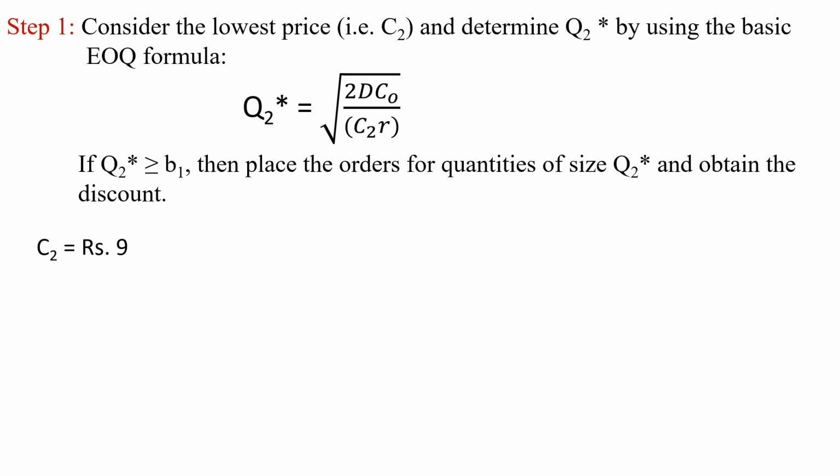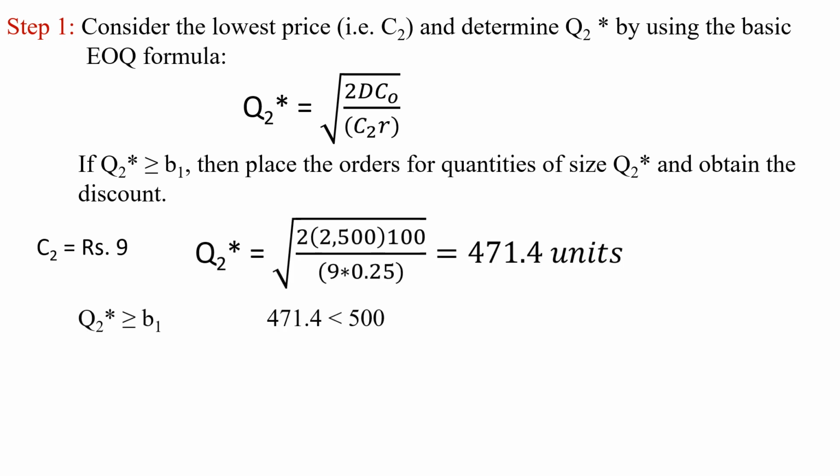Here D is 2500, C0 is 100, C2 is 9 rupees, and small r is 0.25. Substituting all the values in the formula, we get Q2 star as 471.4 units.